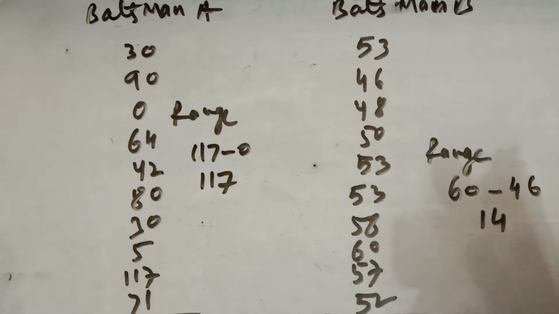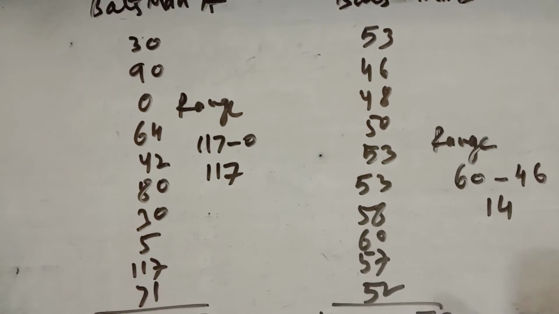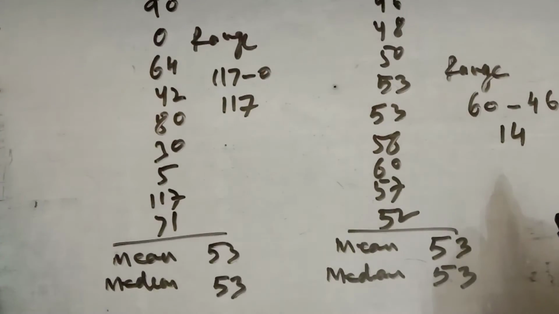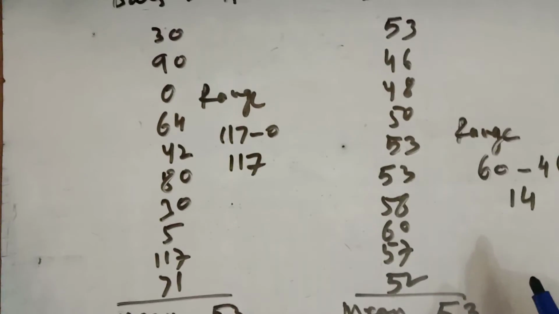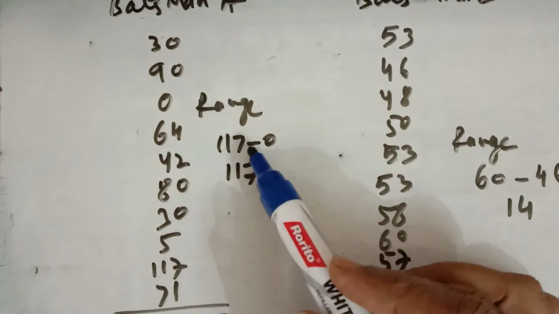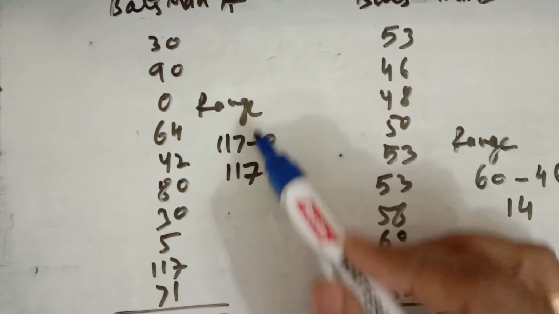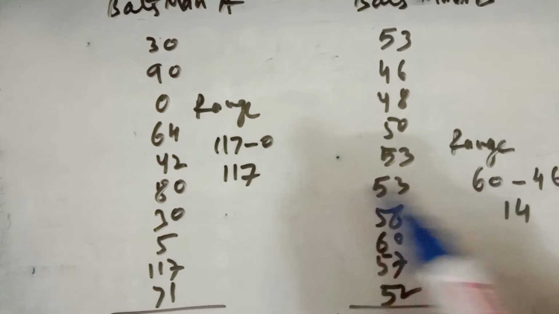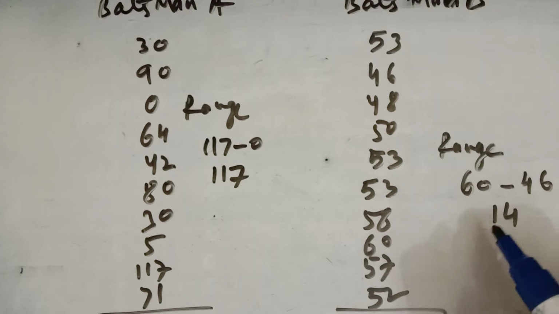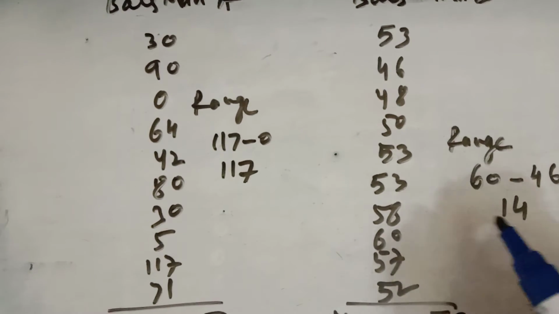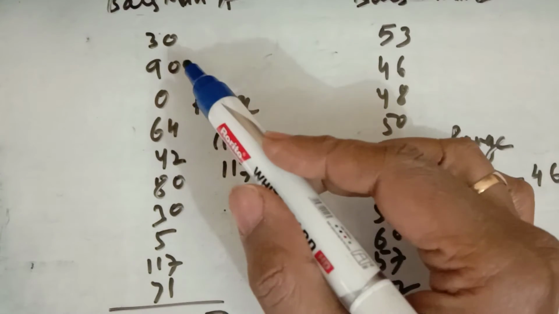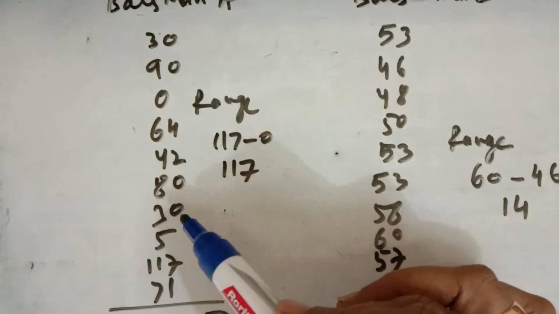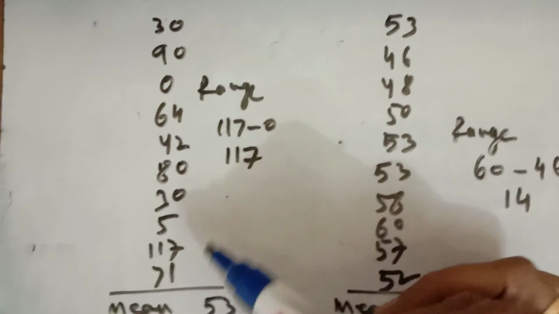Now what you see in these two data is that though the median and the mean of both are the same, the range of the first is 70, the difference in score is 117, and the difference of the score in the second is 14, and the score of batsman A is scattered more around its mean.